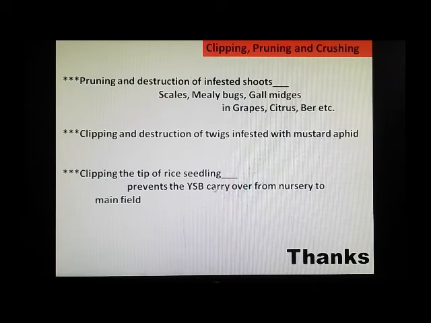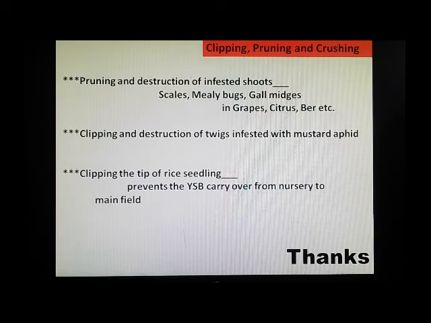Then this example is a classical one, and it is known to you that yellow stem borer lay their eggs at the tip of the rice plant, and even during nursery they can lay eggs.